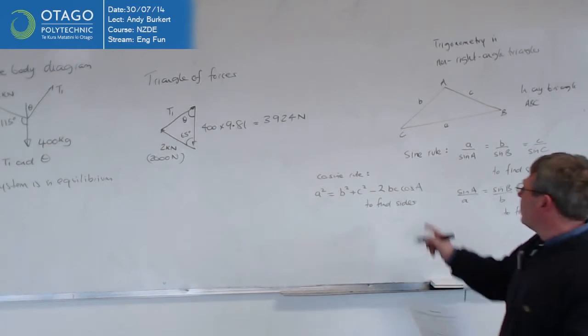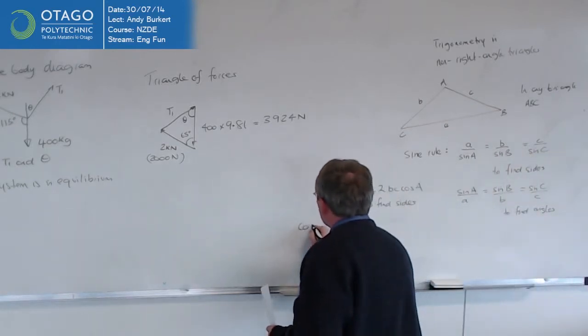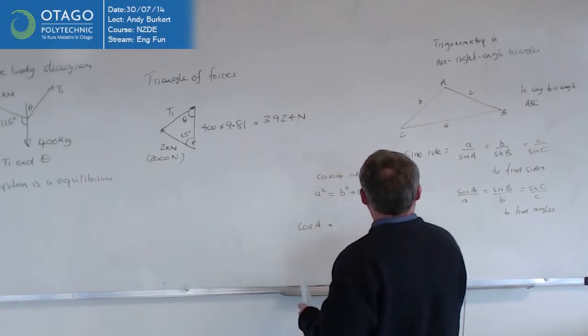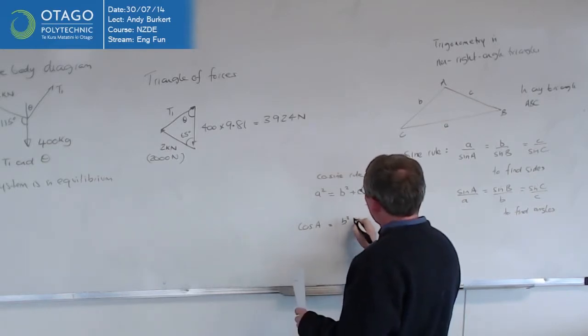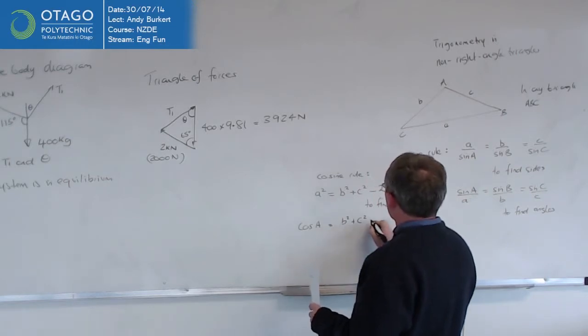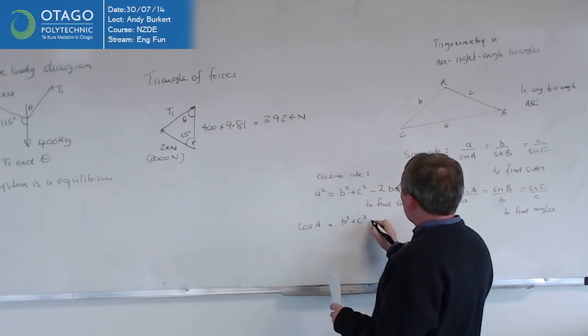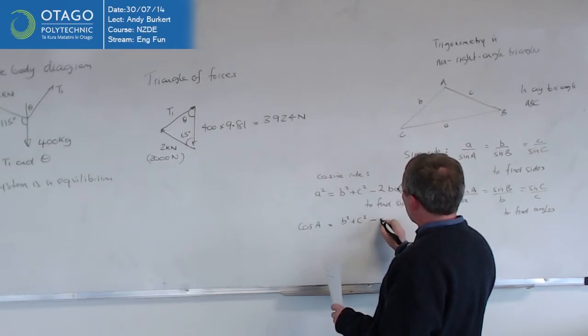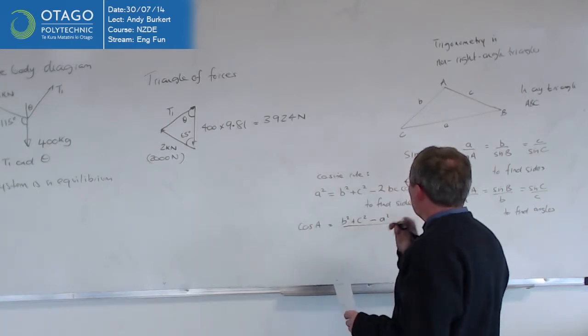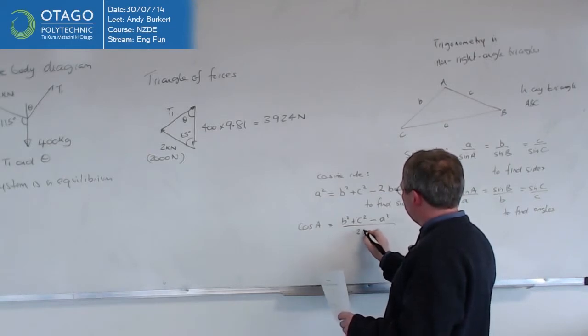So I can say the cosine of A equals b squared plus c squared minus a squared, divided by 2bc.